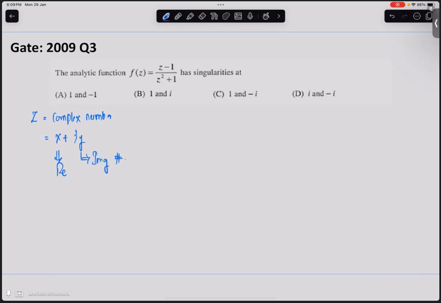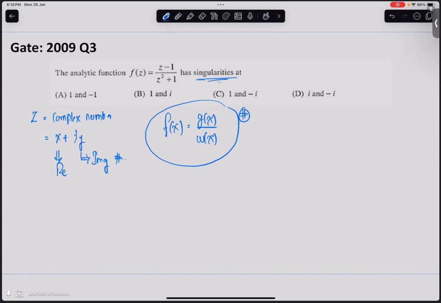right? Now, when you have a function, let's say in terms of x, and you have some expression g(x) divided by, let's say, w(x), this will have a singularity when the function is not defined, or the denominator is 0.